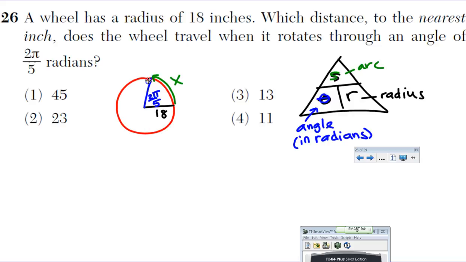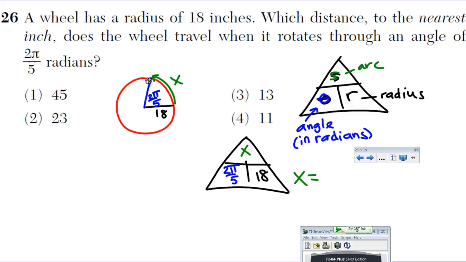All right, so if I fill in my information into my pyramid, my arc is what I'm trying to find. The angle is 2 pi over 5. And then my radius is 18. All right, and if the numbers line up side by side in the formula in the pyramid, you're going to just multiply.